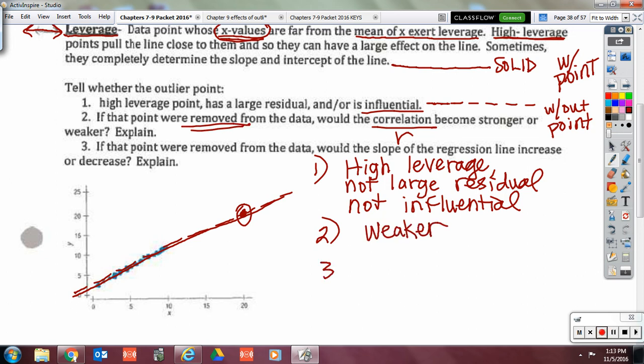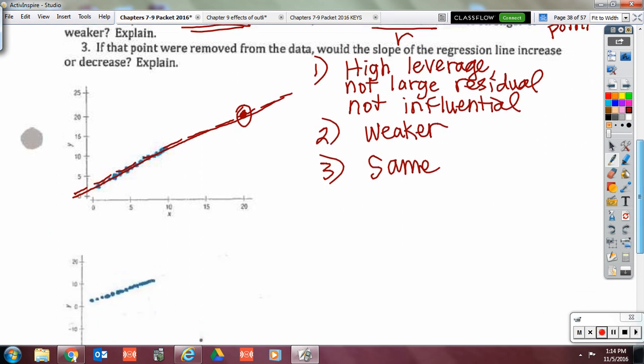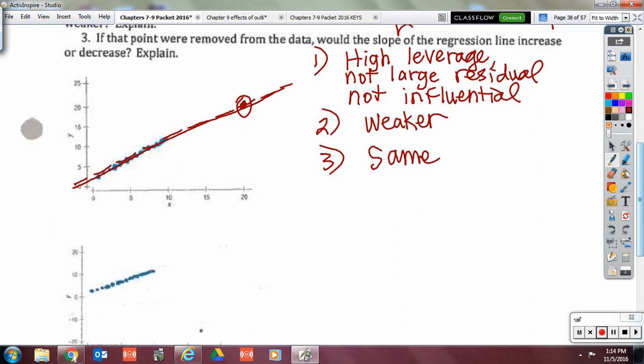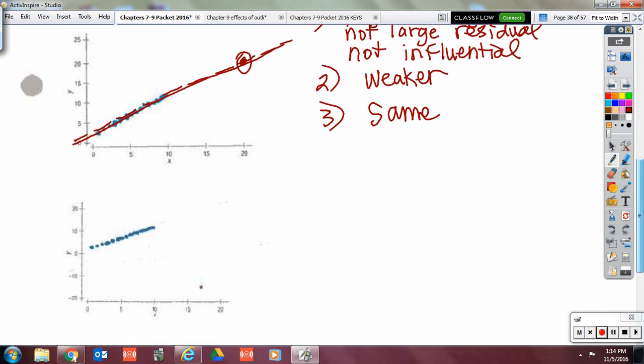Number 3, if that point were removed, would the slope of the regression line increase or decrease? Okay, so removing this point, what do you think is going to happen? I think it's going to stay about the same. All right, very good. So hopefully you're envisioning what the points are doing to these lines.